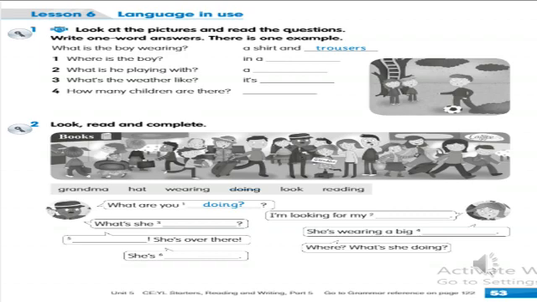Can you find a woman that she's wearing a big hat? Okay, so now, what is she doing? Can you see there is a book in her hand? What do you think? What is she doing?